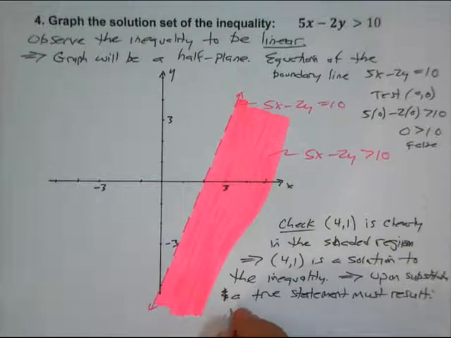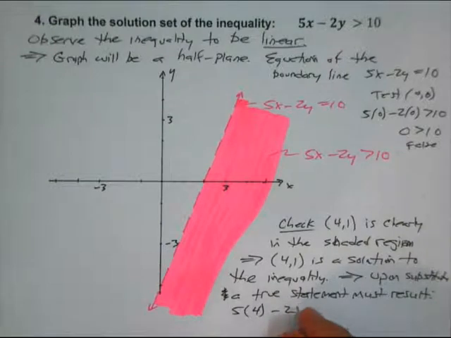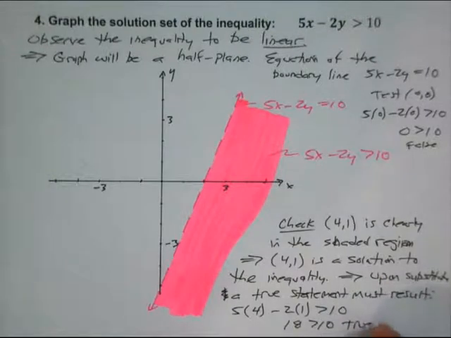Original inequality, 5 times x, x is 4, minus 2 times y, y is 1. Is that greater than 10? Let's simplify this. This is 20 minus 2, 18, greater than 10. Oh, that's true. And that's what we wanted to see. It's a solution. Okay, so this looks good.